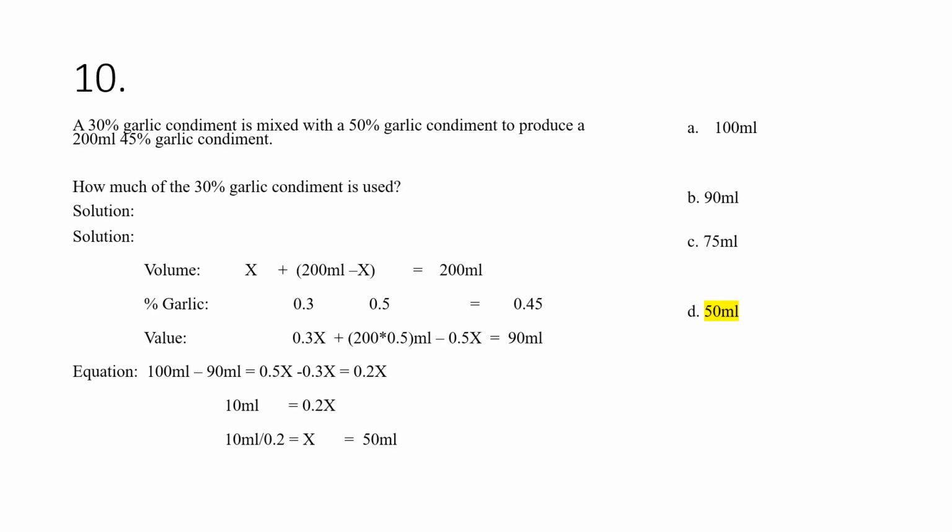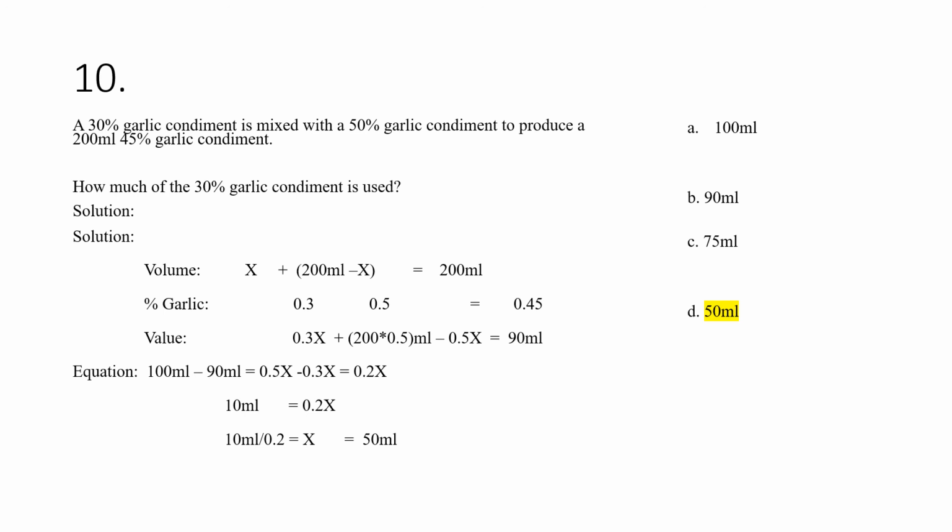For the last item, we have a 30% garlic condiment mixed with a 50% garlic condiment to produce a 200 ml 45% garlic condiment. We are asked for the volume of the 30% garlic condiment used.